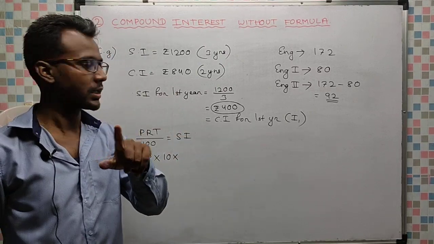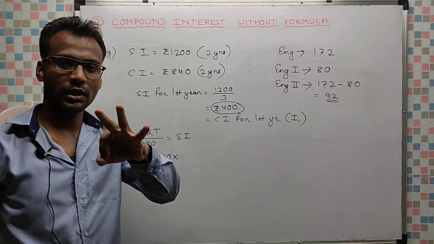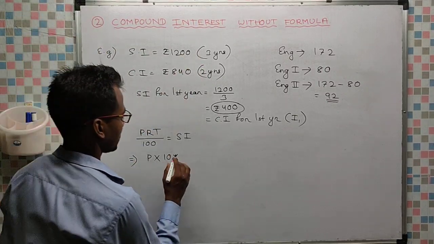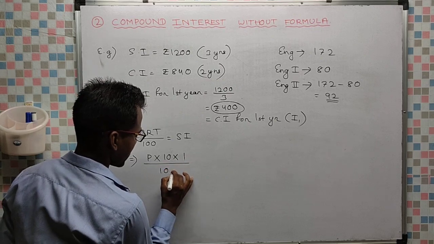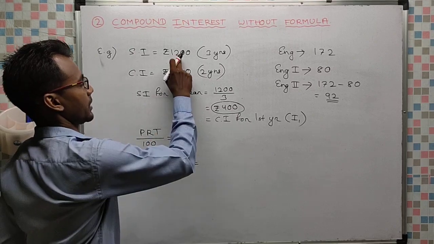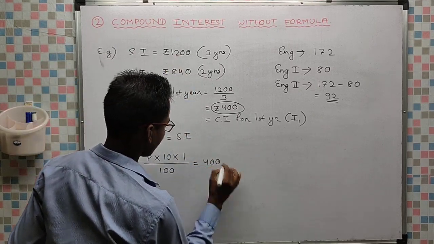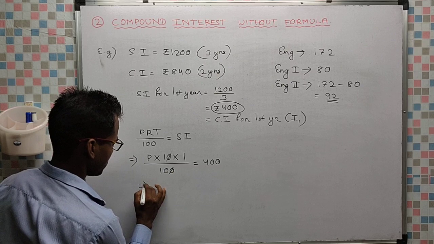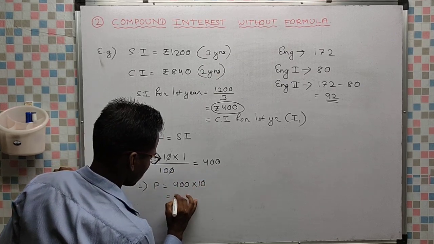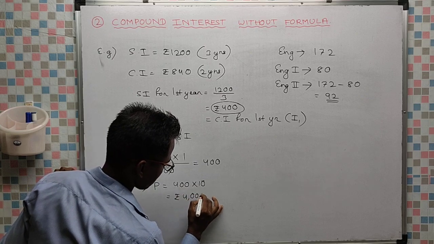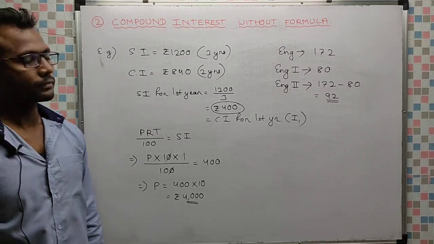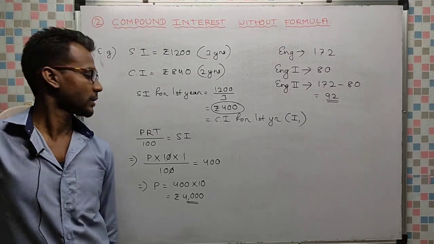If we take 1 year you will take interest 400, if we take 3 years you will take interest 1200 as you wish. I am taking 1 year. 1 by 100 is, time is 1 year, means simple interest for 1 year, not 1200 now. We have to take 400, 0 0 cancel, P is equal to 400 into 10, which is rupees 4000. So the principal is 4000 rupees.